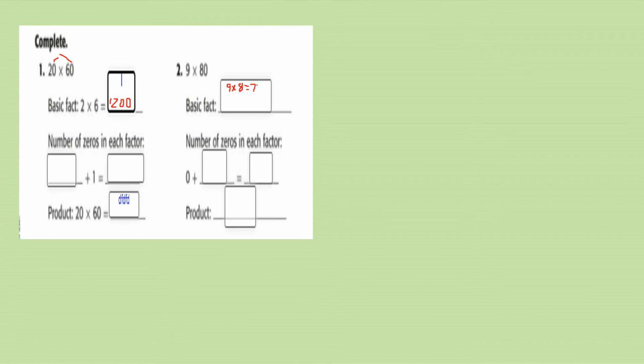And what will I do to the 72? Because there's only one zero here, the zero I put it, so my answer is 720. So you can do that mentally, right? So you know your table is 9 times 8, we know what is 2 times 6, so the number of zeros in each factor. So my answer here will have been 1200, right? And then number of zeros in each factor, here we have 1 only, so my answer is 720. Very easy, right?